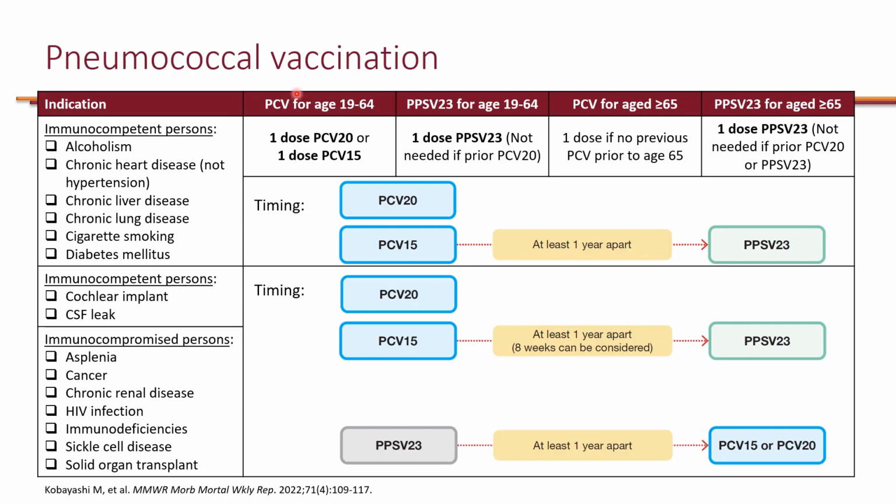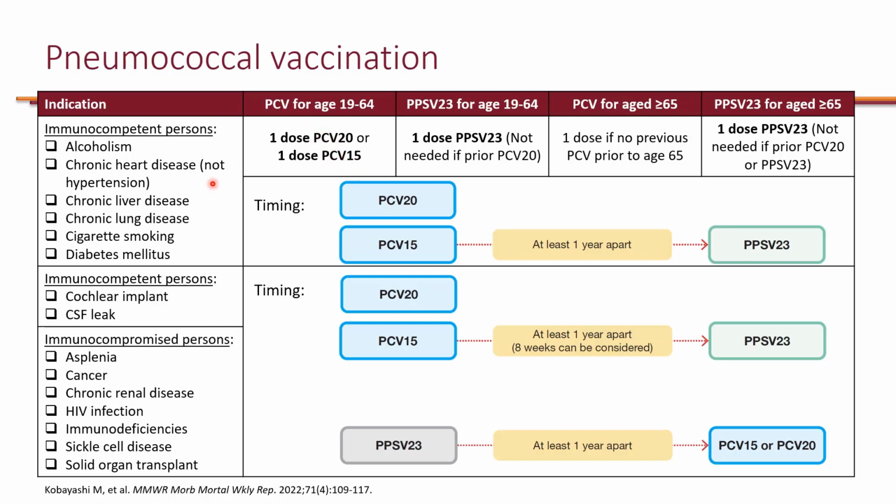So between the age of 19 to 64, and this is assuming that they have not received childhood PCV vaccination, assuming childhood immunization was either not available for these individuals or it was available and they chose not to get them, it is recommended for these individuals who have any of these risk factors to receive 1 dose of PCV20, or they can choose to get 1 dose of PCV15. It doesn't matter which PCV vaccine they get. These are very effective.